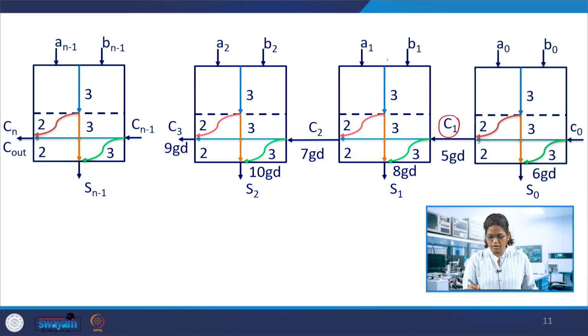We need A and B so that the intermediate sum can be calculated, and this C needs to be XORed so that the 3 gate delays are fulfilled. Otherwise this cannot be independently done in 3 plus 3, 6 gate delays. So this path is 6 gate delays. If we don't have this carry, it is going to be 0.